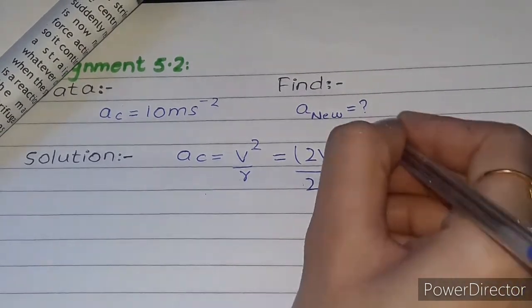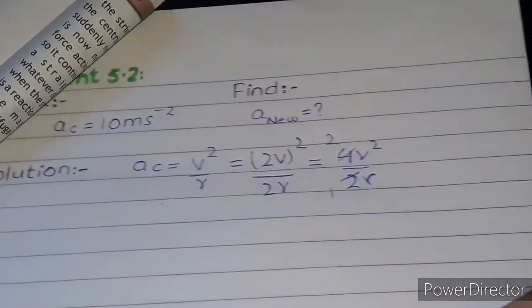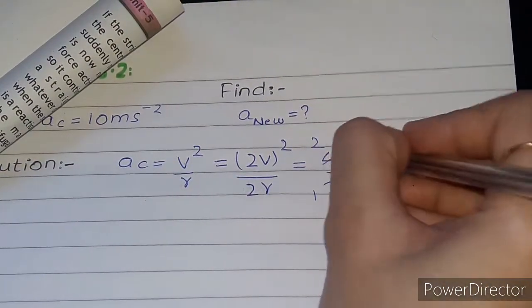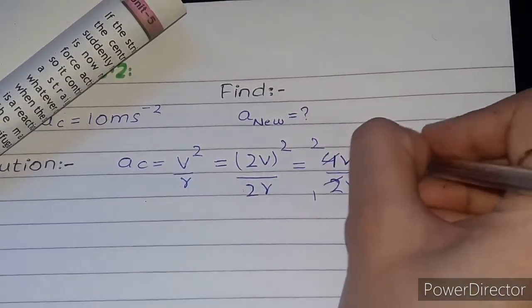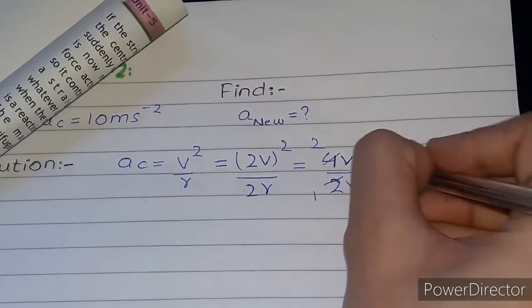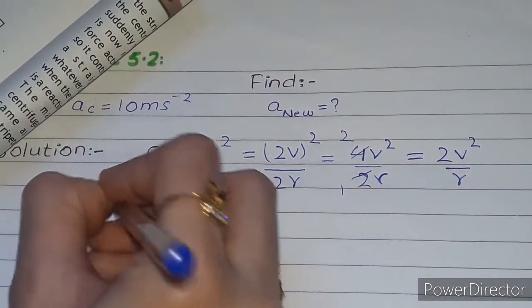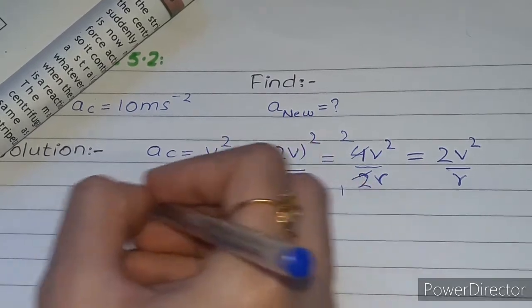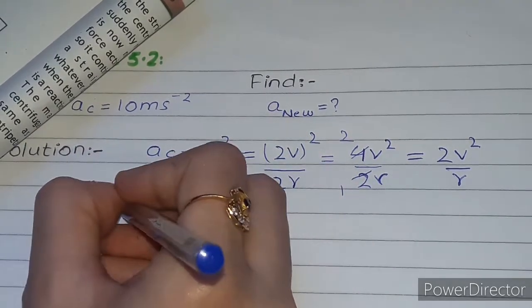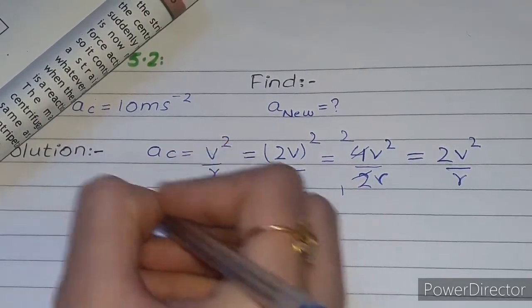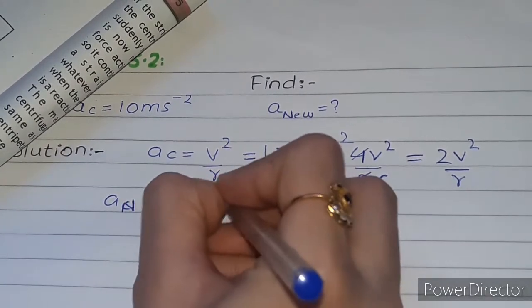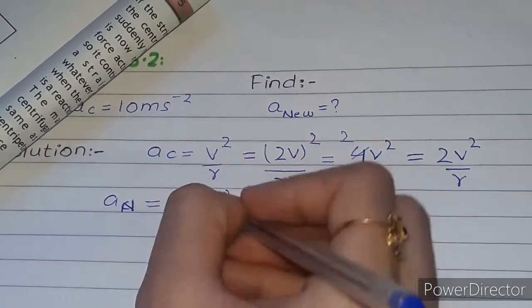The 2's cancel partly, so here it would be 2v square divided by r. Now if we take the 2 separately, here we will write a n equals 2 into v square divided by r.